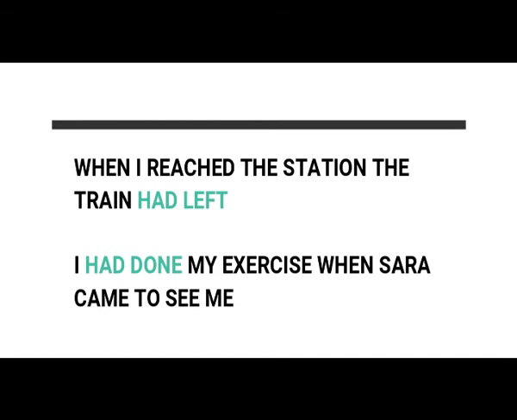So the first past action, the action that happened first, the train left first, so that part will be in past perfect tense. And the other part is a completed action that will be in simple past. So we say when I reached the station, simple past tense, the train had left, past perfect tense.